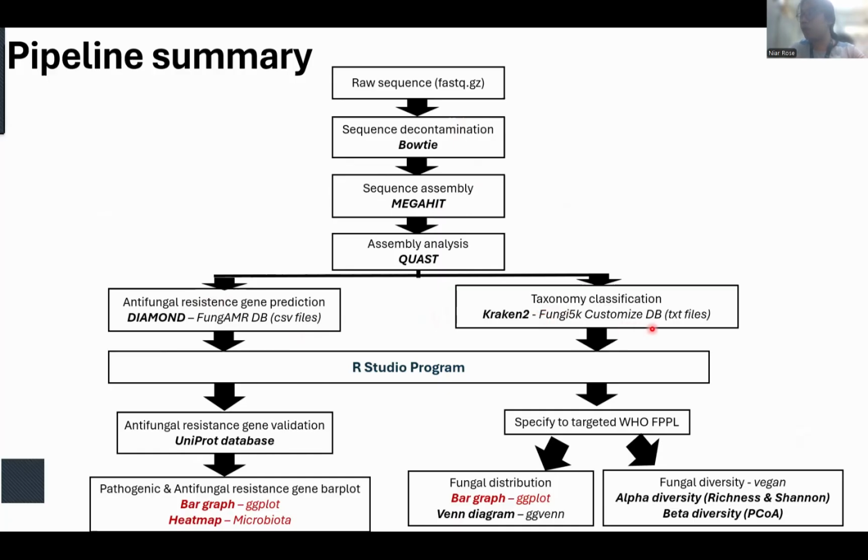using the fungal 5K database, and we use RStudio to visualize the antifungal resistant gene in bar graph and heat map, and also specify to target WH1VPL from the Kraken data with the bar graph.